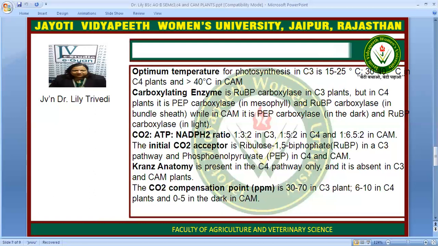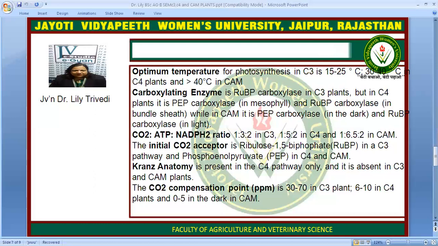Now there is a difference in the ratio of carbon dioxide, ATP and NADPH2 also. 1:3:2 in C3 plants, 1:5:2 in C4 plants, and 1:6:5:2 in CAM plants. The initial carbon dioxide acceptor is RuBP in C3 plants and phosphoenol pyruvate in C4 and CAM plants.